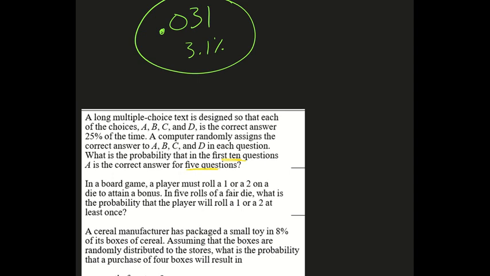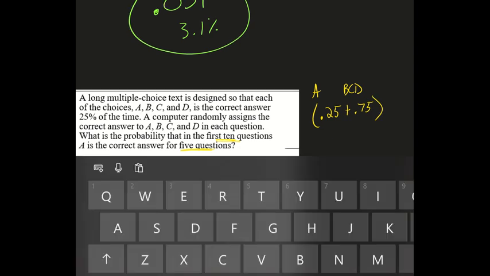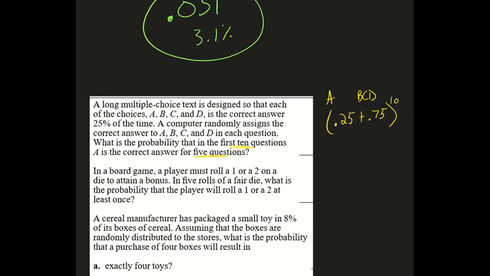So first thing we need to do, set up our binomial. So we've got A and then B, C, or D. So we have 1/4, or 0.25, plus 0.75, because a quarter of the time the correct answer is going to be A, and then the other 3/4 of the time, the correct answer is going to be not A. So then we're raising that to the 10th power because we're looking in the first 10 questions.